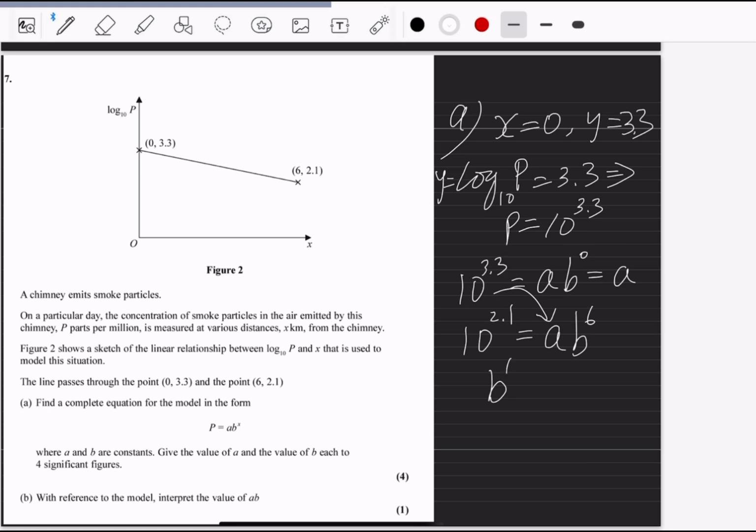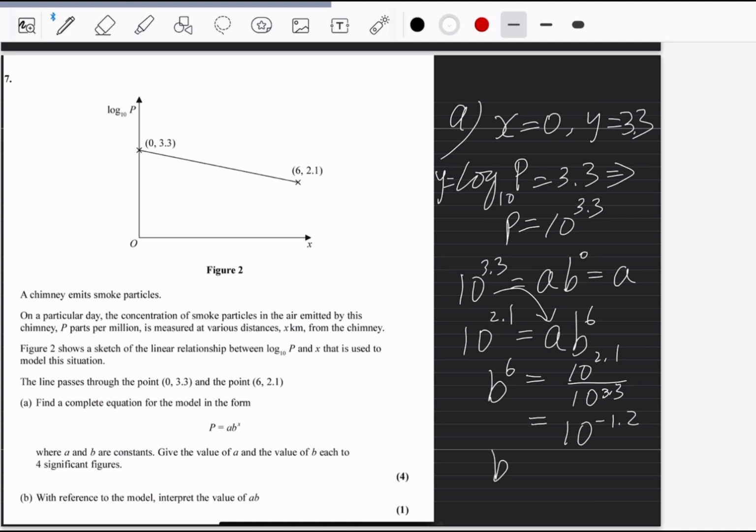We have b to the power 6 equals 10 to the power 2.1 over 10 to the power 3.3. So that means b to the power 6 gives us 10 to the power minus 1.2.